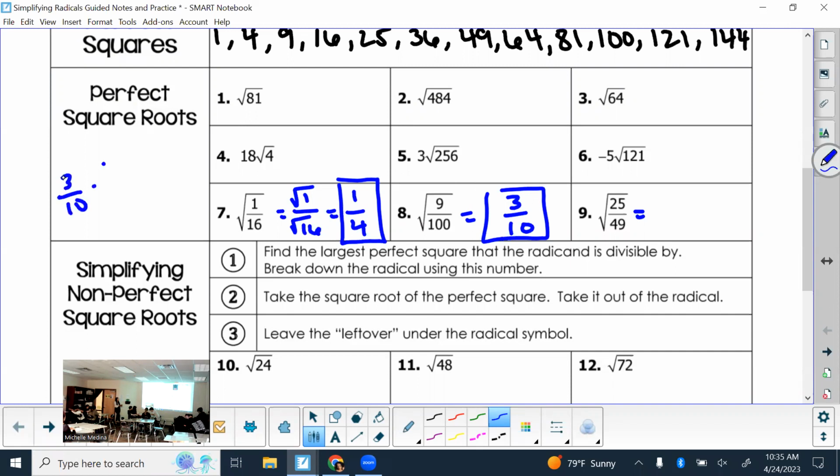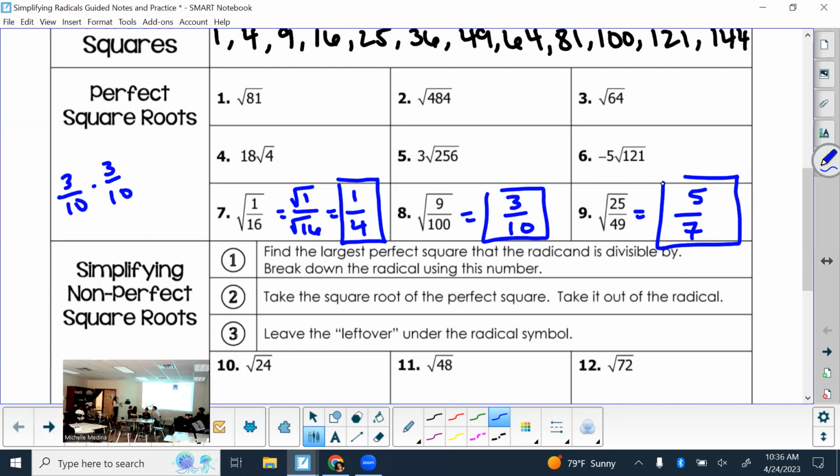And if I were to multiply them out, I do get 9 over 100. So good. Table 6, what about number 9 with the square root of 25 over 49? 5/7. So questions, comments, concerns? All right. So no more crickets on the square root of a fraction.